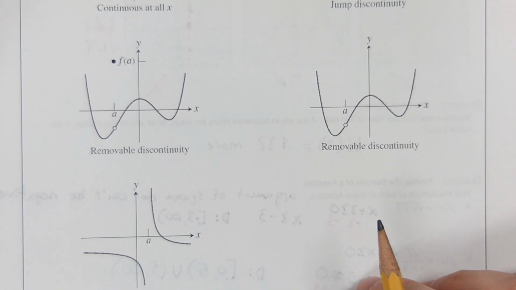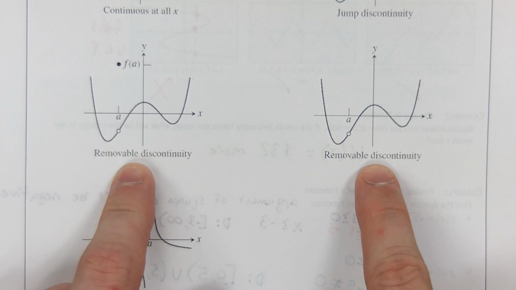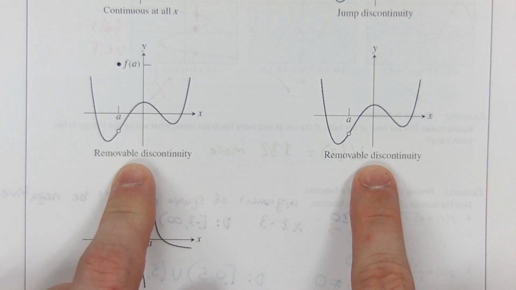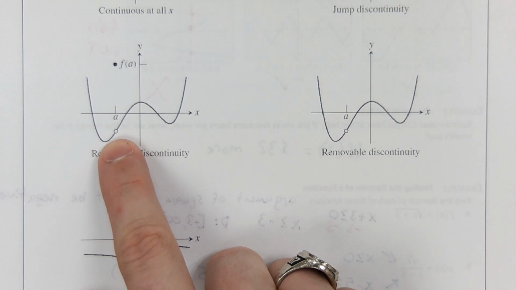Now, these next two are two different versions of the same kind of discontinuity. They are both called removable discontinuities. This one is a prime example of removable discontinuity because it is literally a hole in the graph. A point has been removed. This one has been removed and then placed somewhere else vertically.